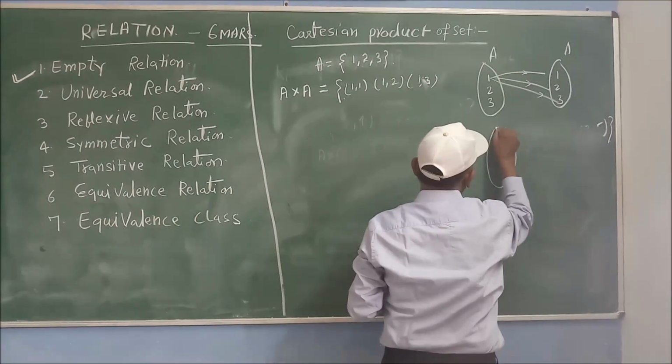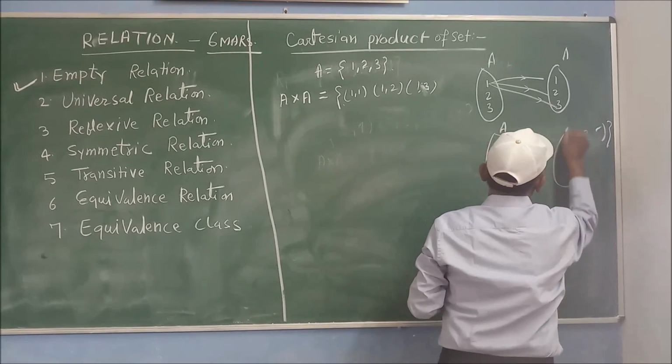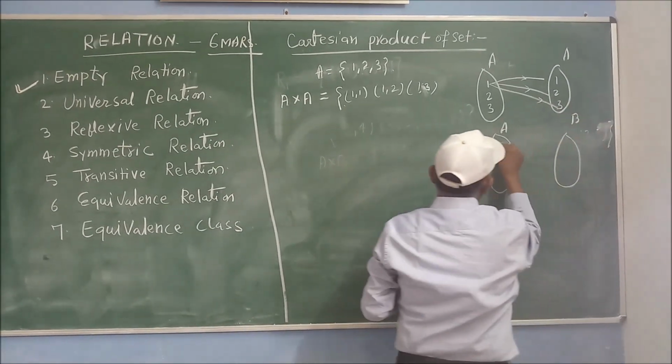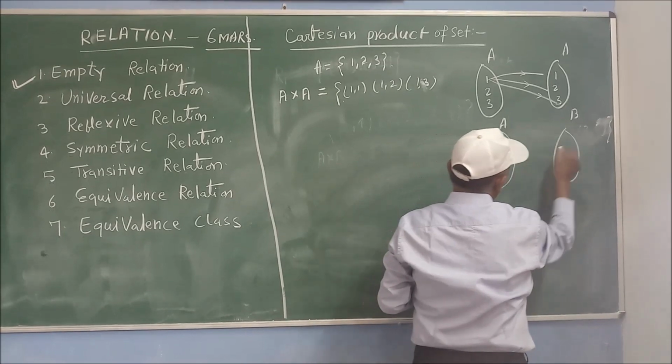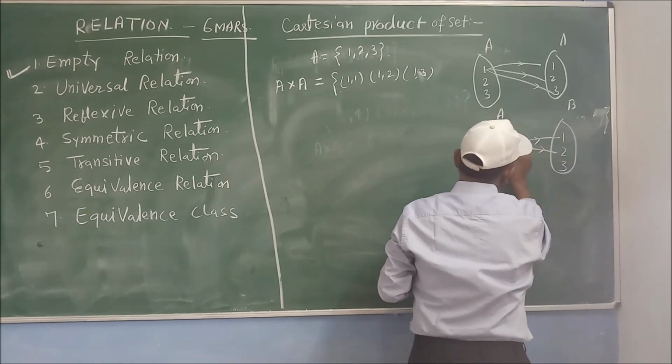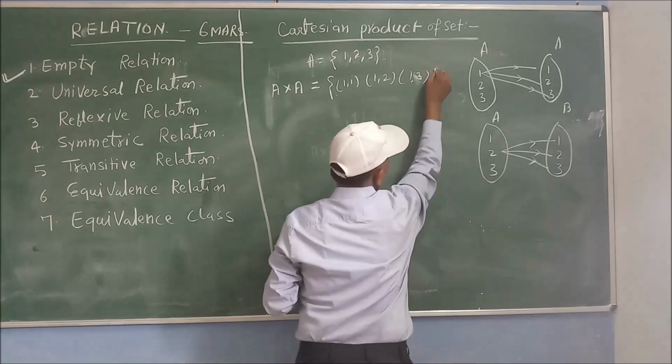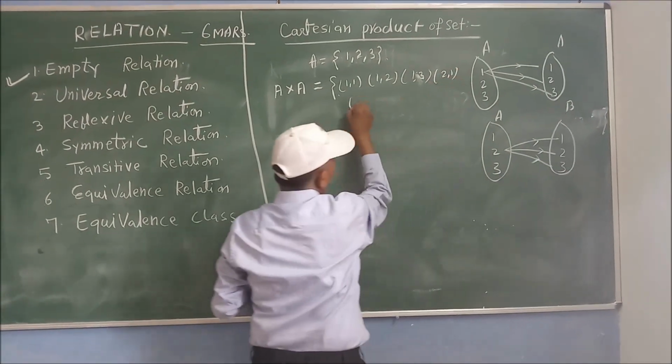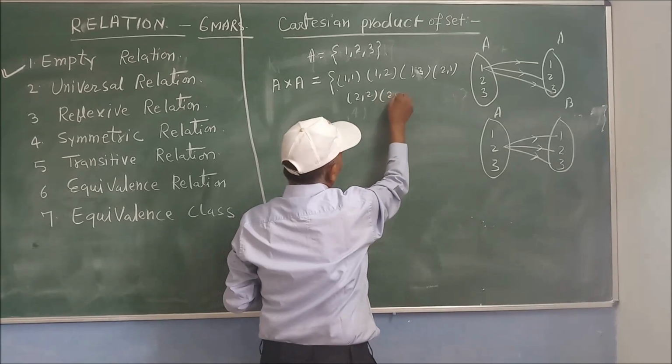Again see the next diagram, A, B, and after that 1, 2, 3. Second element of A is also associated with all elements of B. So your elements will be (2,1), (2,2), (2,3).